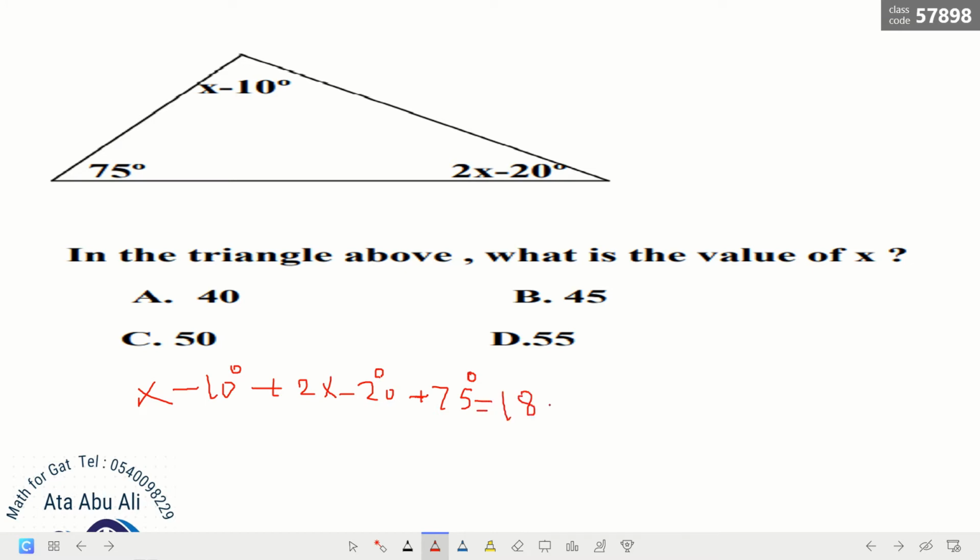Now I add the like terms. Here I have x plus 2x is 3x. Minus 10 and minus 20 is minus 30, plus 75 becomes plus 45 degrees. All of this is equal to 180 degrees.